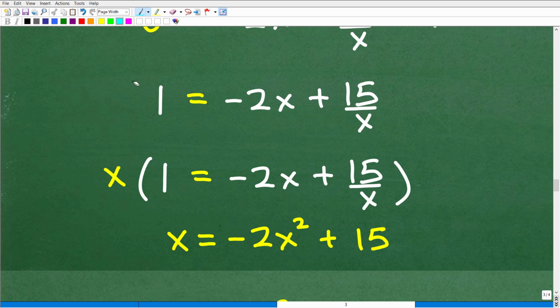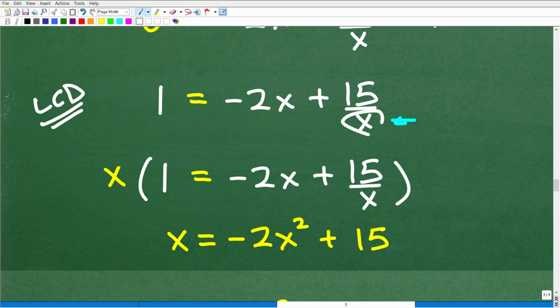Well, I'm going to suggest that we have an equation with a fraction. We have a denominator down here of x, and this expression, minus 2x, is over 1, and then 1 is over 1. A good way to clear the fraction in an equation, and it's not only a good way, it's a suggested way, is to multiply the entire equation by the LCD.